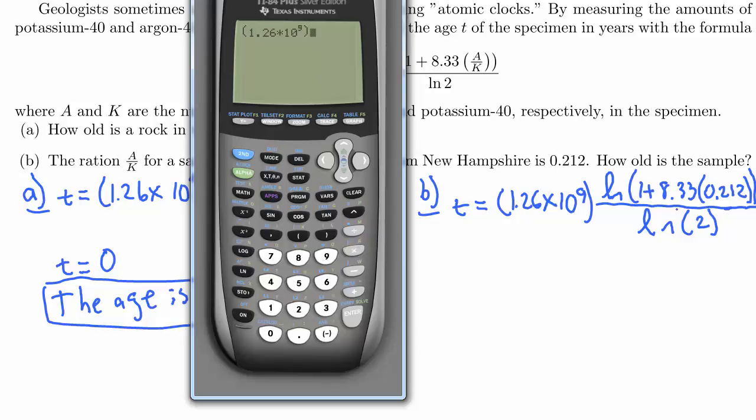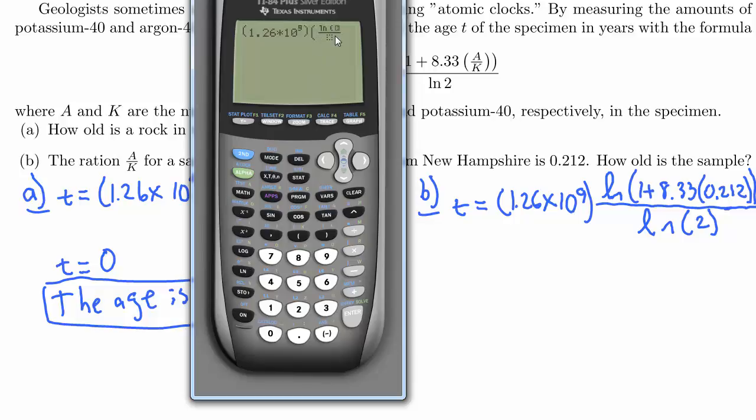Now I need this fraction here, and this fraction is alpha y equals enter, but I'm not going to do it yet because I want a parentheses, because otherwise it puts this in the numerator. So if I do that, I do alpha y equals enter now, and it gives me the fraction. In the numerator, I have natural log.